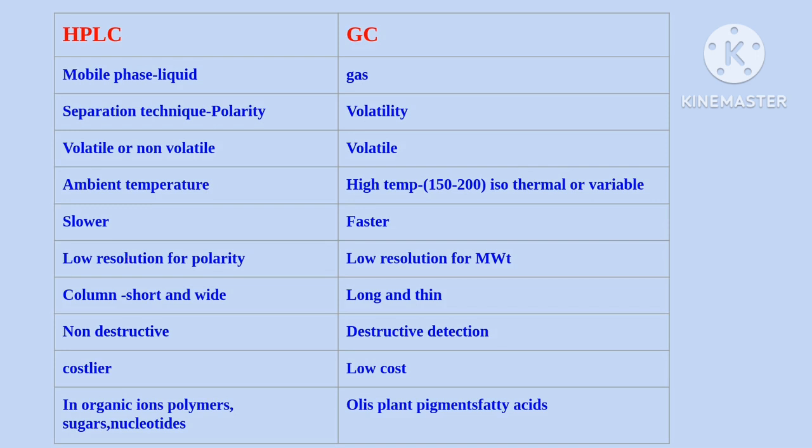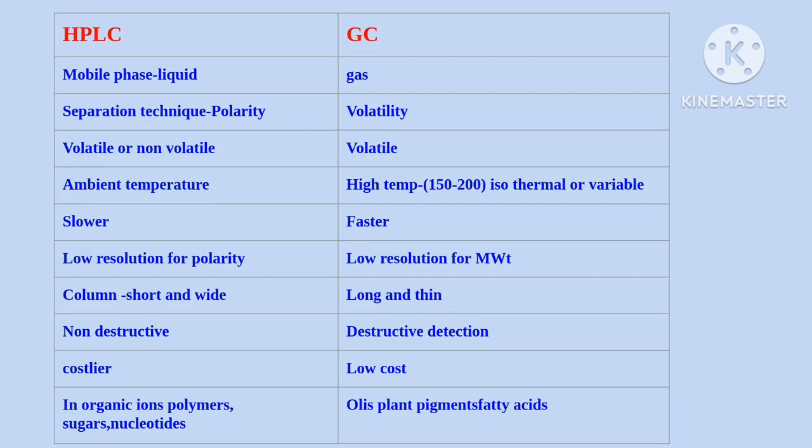The HPLC detection method is non-destructive, typically using either an ultraviolet visible spectroscopic detector or a refractive index detector, while GC detection uses more destructive principles like a flame ionization detector that's effective when analyzing hydrocarbons, or alternatively a thermal conductivity detector can be used as it is a universal detection method for GC analysis.